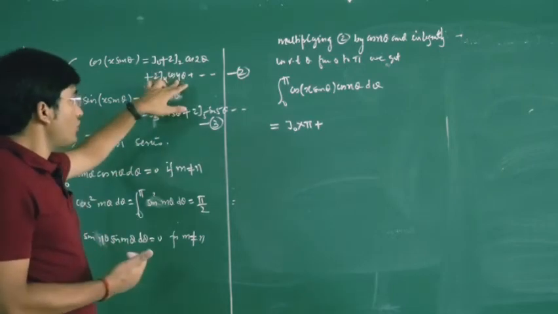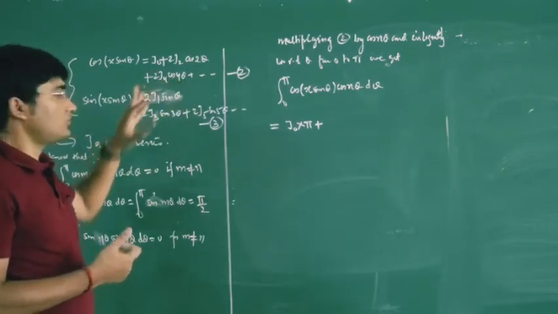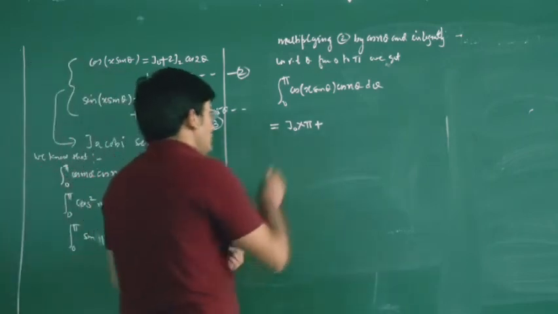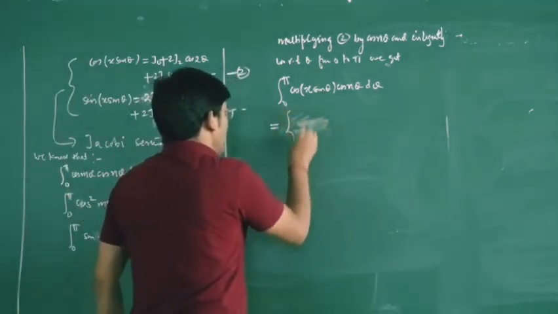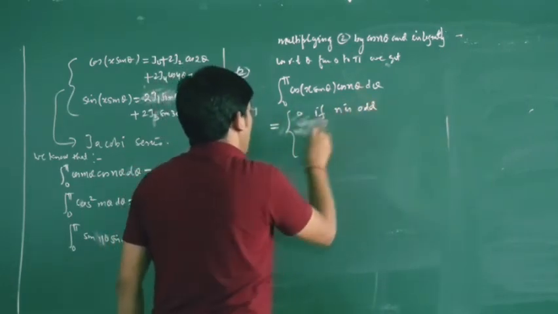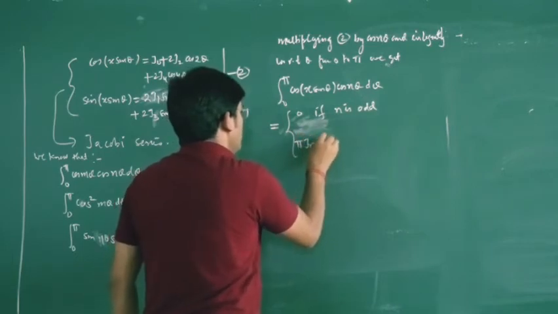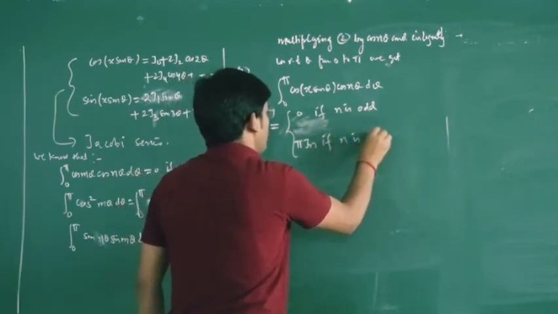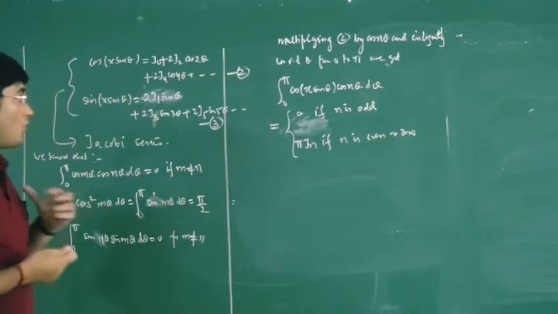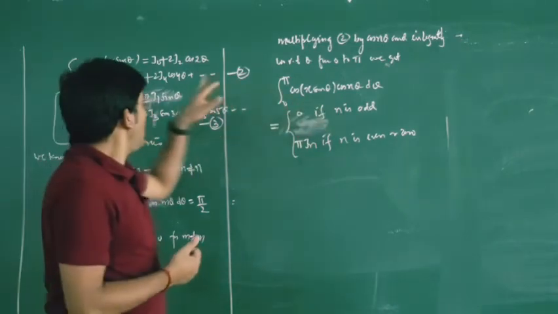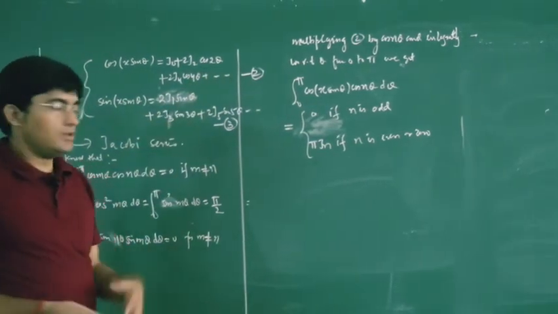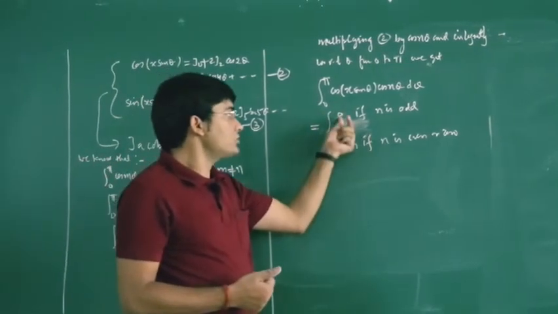If m is not an even number, then this integral from 0 to pi of cos 4 theta cos m theta will be 0. So the right hand side is equal to 0 if n is odd, and this will be pi into Jn if n is even. If n is odd, then we will have cos 3 theta into cos 2 theta, cos 4 theta into cos 5 theta, and in that case this is 0.